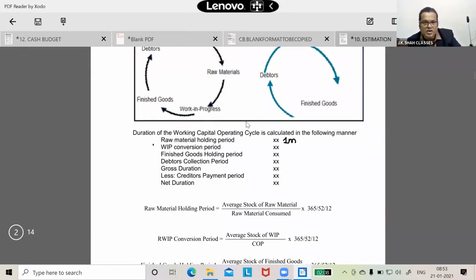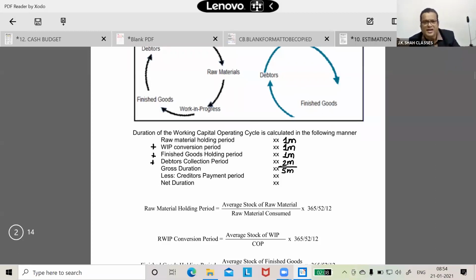Plus WIP conversion period, means the duration for conversion into finished goods, we said 1 month. Plus finished goods holding period, we'll say we hold it for 1 month. Plus debtors collection period. Our debtors demanded a credit of how much? 2 months. So dear friends, if nobody gives me credit, my duration is 5 months.